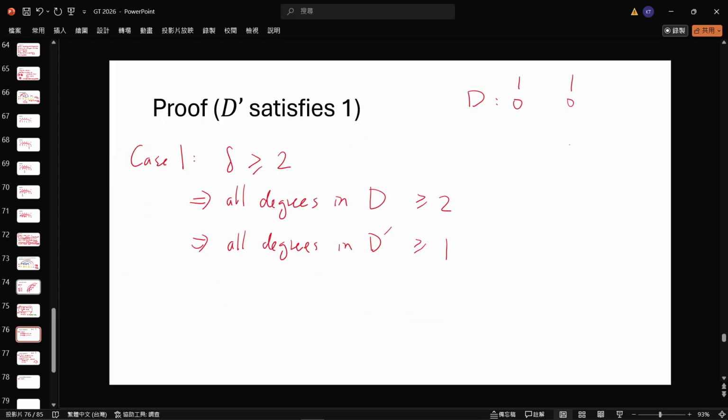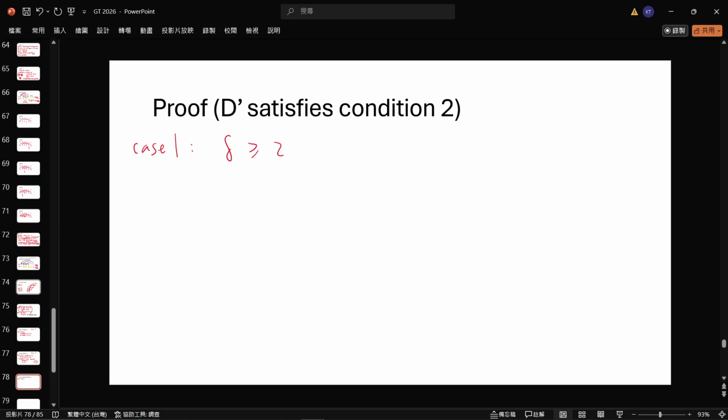So to realize this idea, we have to find out what's the original total degree. Now because delta is the smallest degree, so we know that every degree is at least delta, and we have n degrees. So this is our total degree initially, okay?